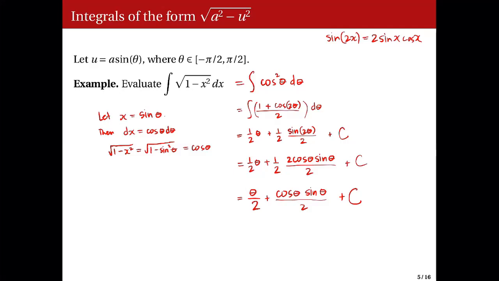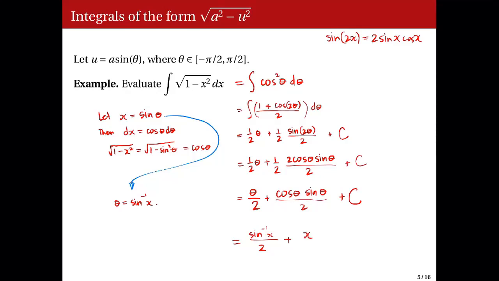From here, we will have theta equals sine inverse of x, which means this will just have sine inverse of x over 2 plus sine theta, that's just x.